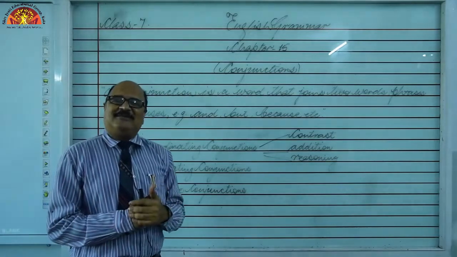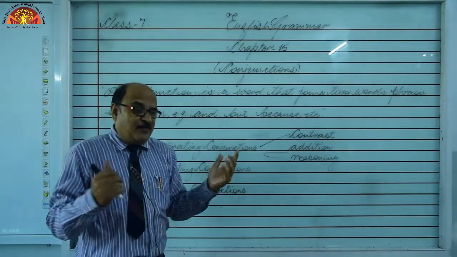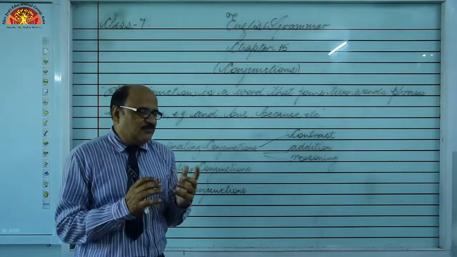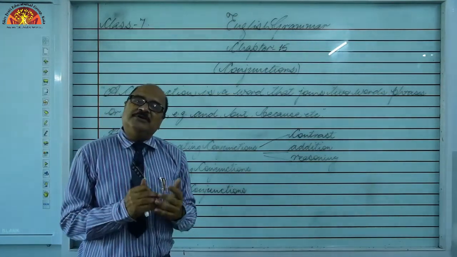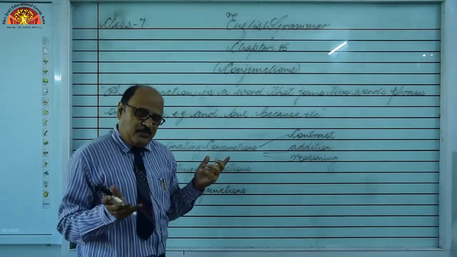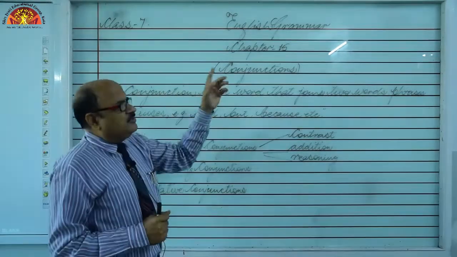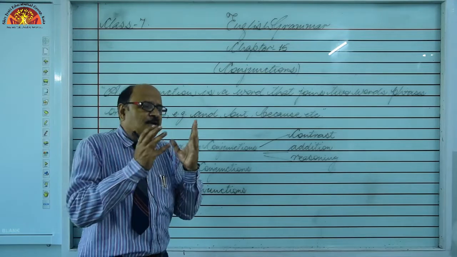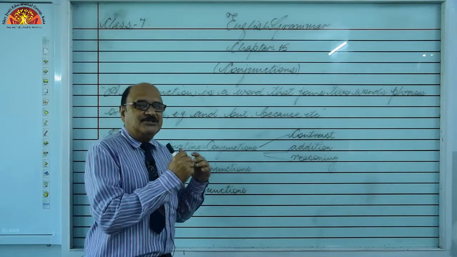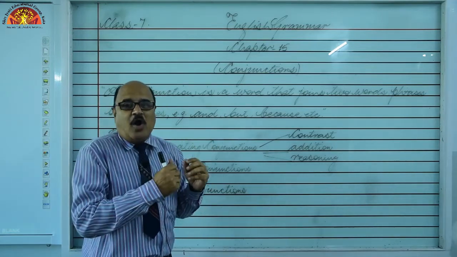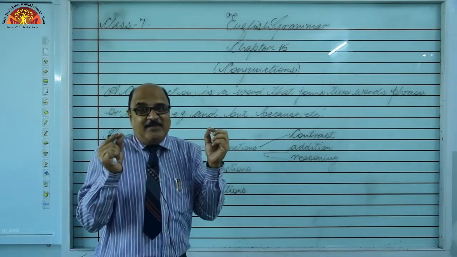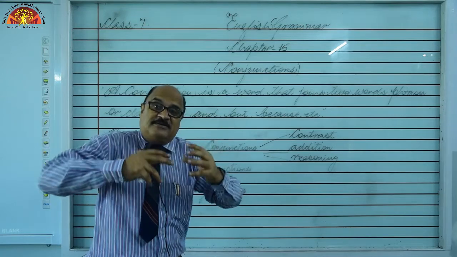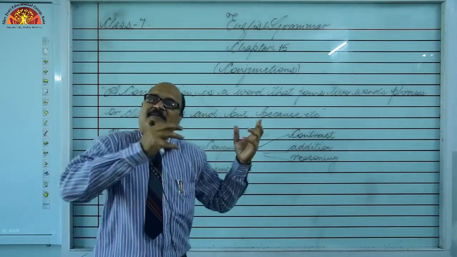Conjunctions. What are conjunctions? This is very important to learn, very important to understand the meaning of our topic, our chapter. Conjunctions are linking words. Conjunctions are connecting words or connectors, as the name itself suggests. Connectors means something that connects.